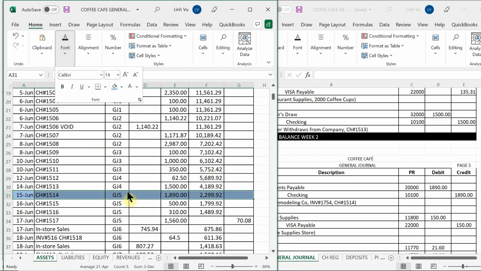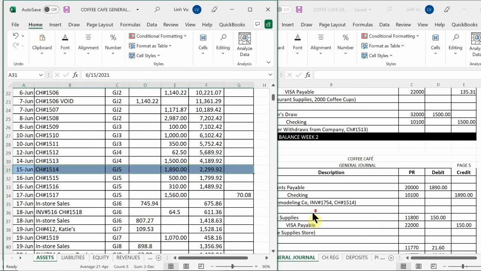Okay, there we go. Checking for the 15 for the credit of the 1890. Okay, so that one's fine.